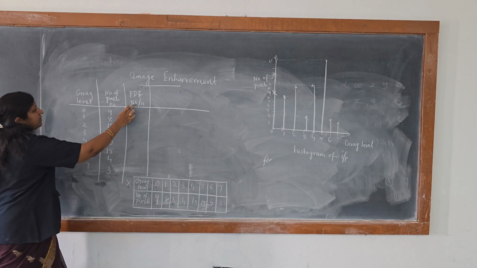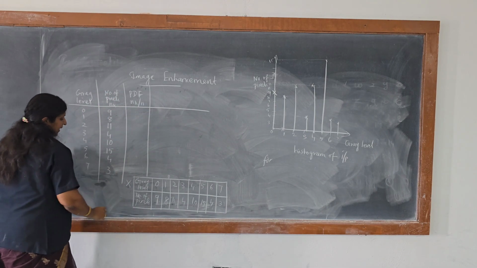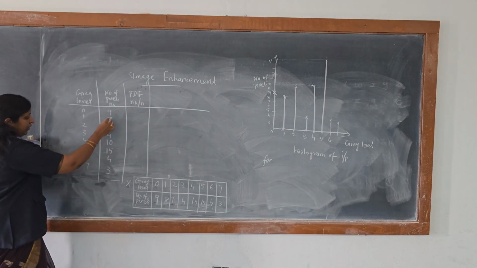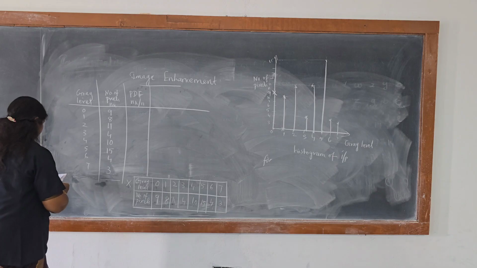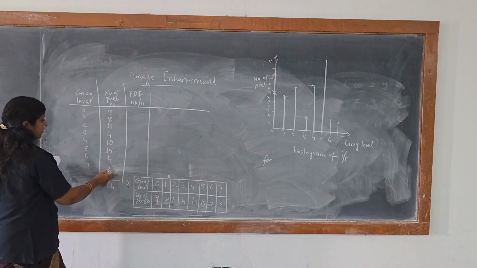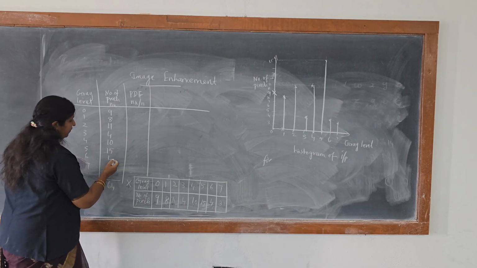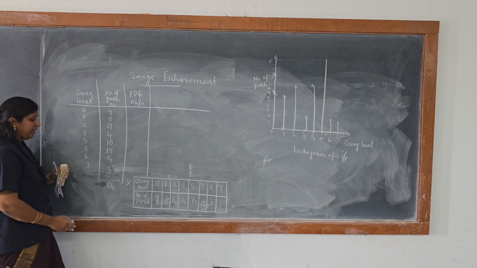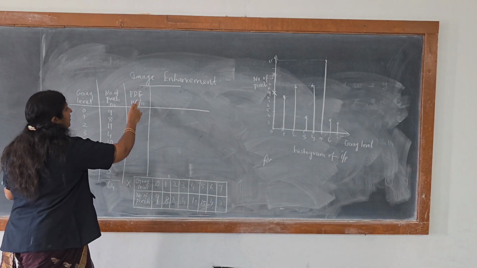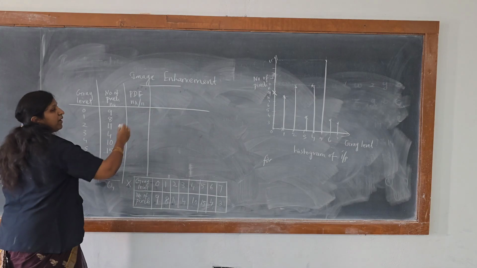You know what nk is: nk is the number of pixels. And n is the total number of pixels in the image matrix. If you add all these values, 9 plus 8 plus 11 plus 4 plus 10 plus 15 plus 4 plus 3, you will get 64.